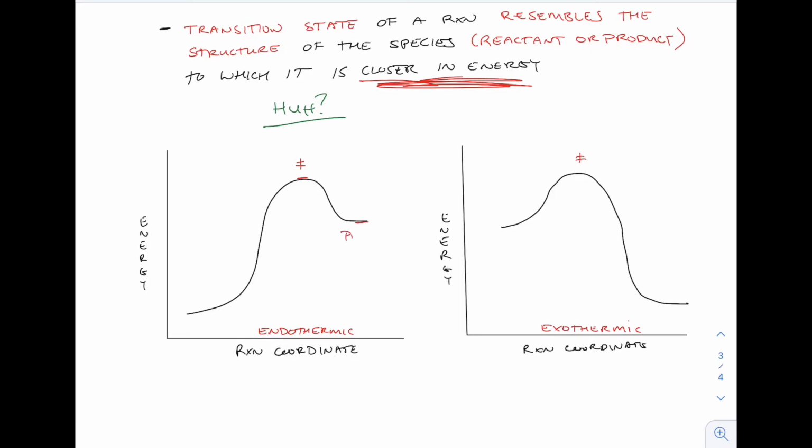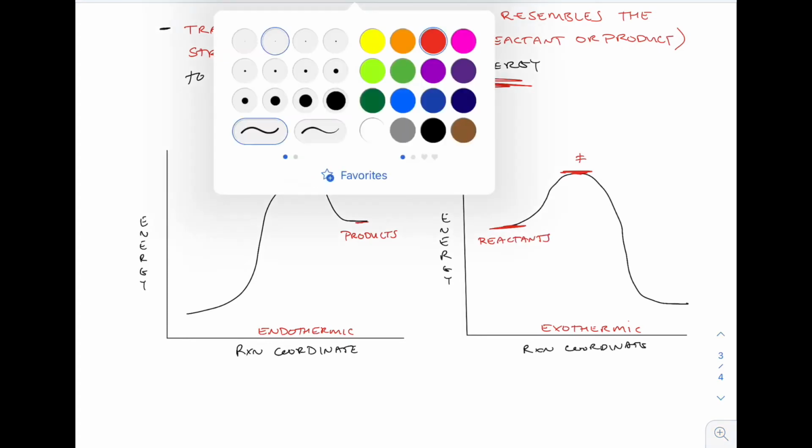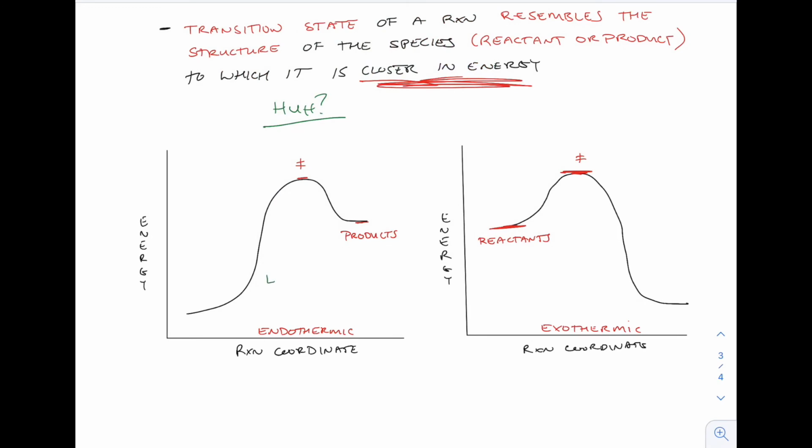So for the endothermic reaction, the products are closer in energy to the transition state, and for the exothermic, the reactants are closer in energy to the transition state. Remember, we're comparing on the y-axis, so the endothermic transition state looks like the products, and the exothermic transition state looks like the reactants.